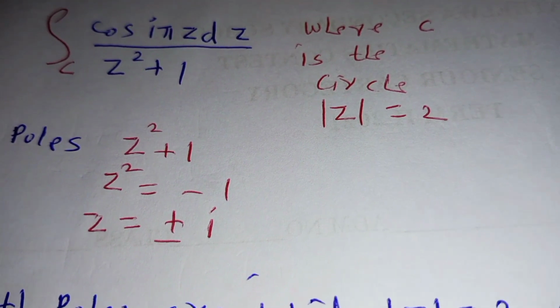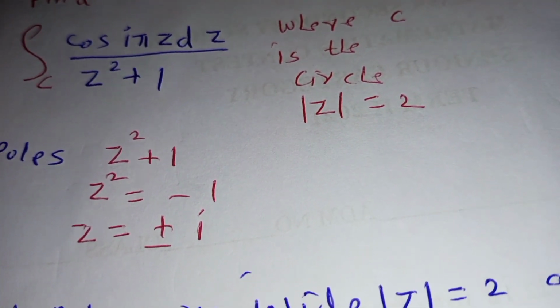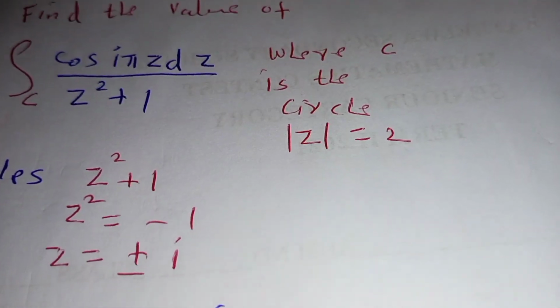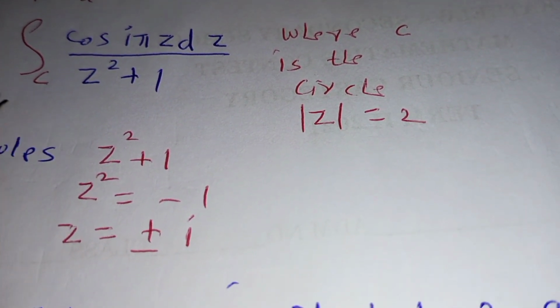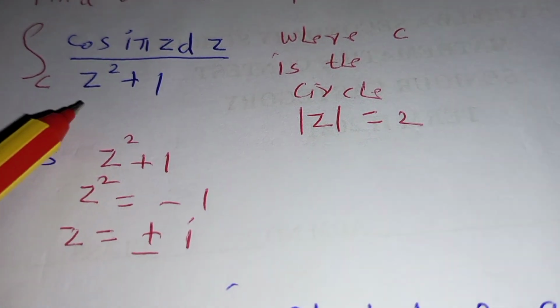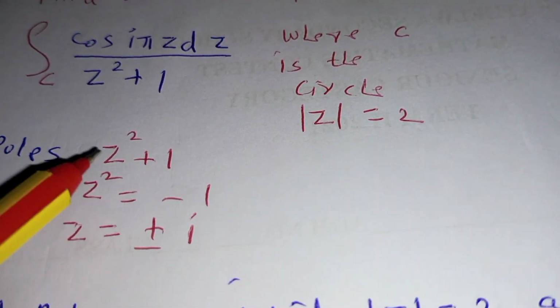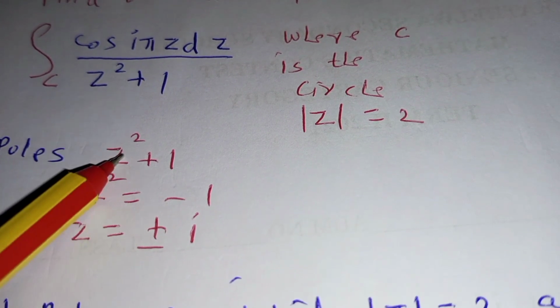First of all, we are going to identify the type of poles. We identify the poles by realizing that a pole is a point where the function is not defined. So we consider the denominator, z squared plus 1.